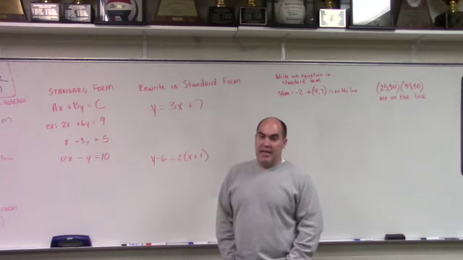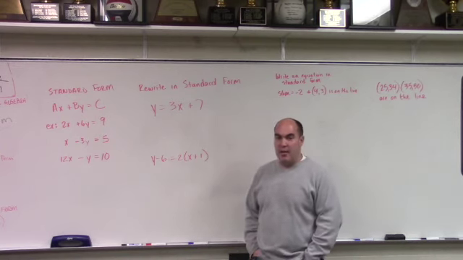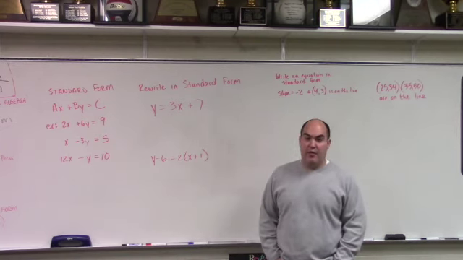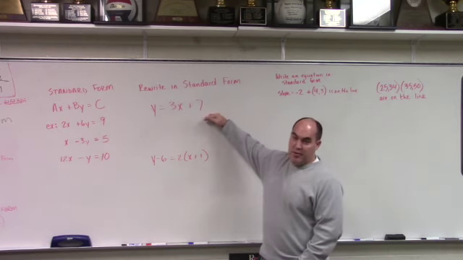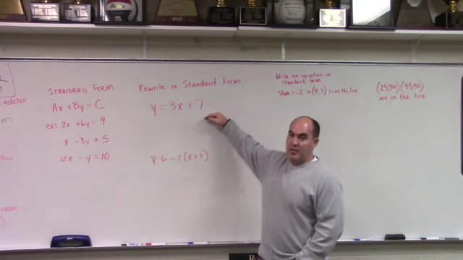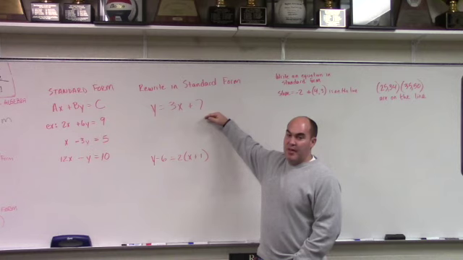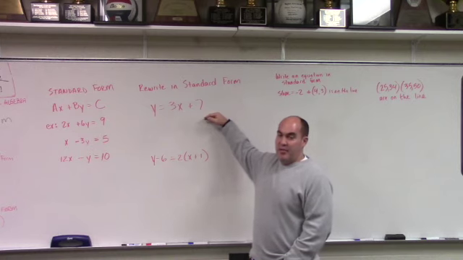So the first thing they're going to ask us to do is just take equations and put them in standard form. So this first equation here is y equals 3x plus 7, so that's in slope-intercept form. We're going to solve it for standard form, so we're just rearranging the equation, getting the x and the y both on the same side.